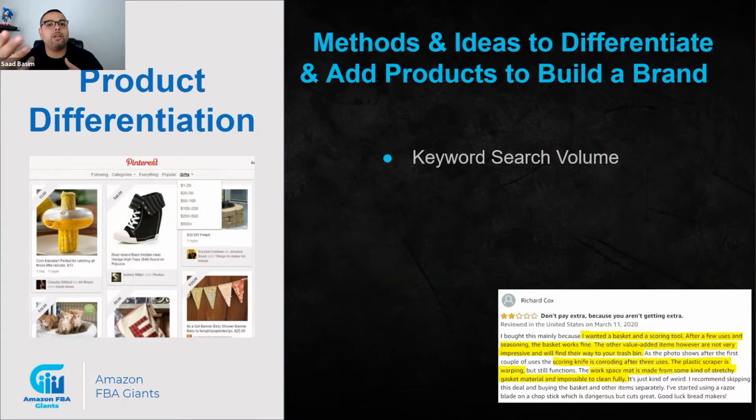The same thing we did with the bed canopy. I showed you the products, and all of a sudden I saw two keywords that each have 3,000 search volume, bed canopy for girls and girls bed canopy, and they had almost a combined 6,000 search volume. So that's another way of finding a differentiating product.